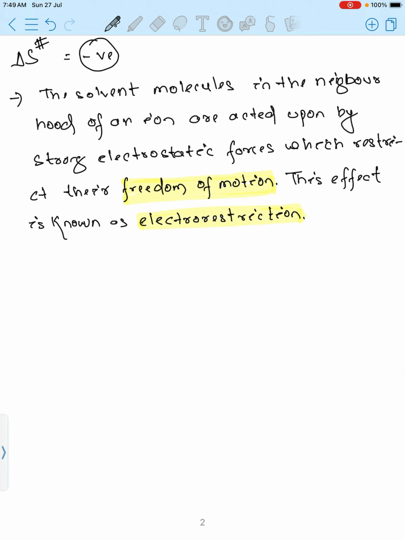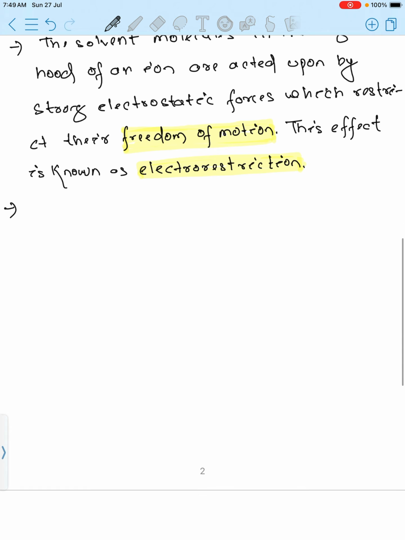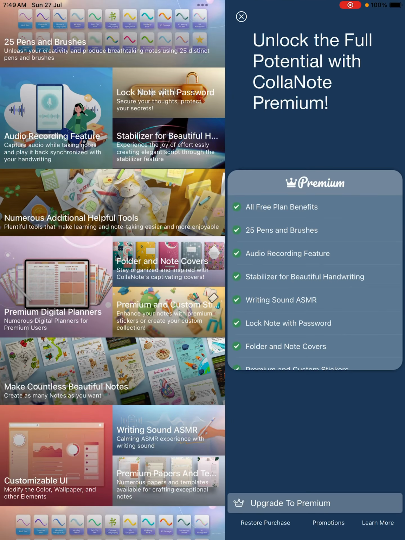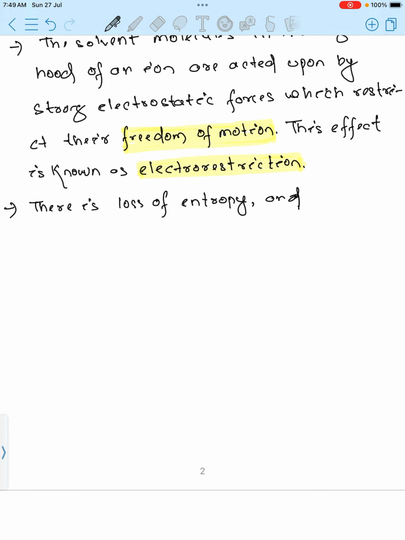That means there is a loss of entropy. And this loss of entropy is greater if the charge on the activated complex is larger.